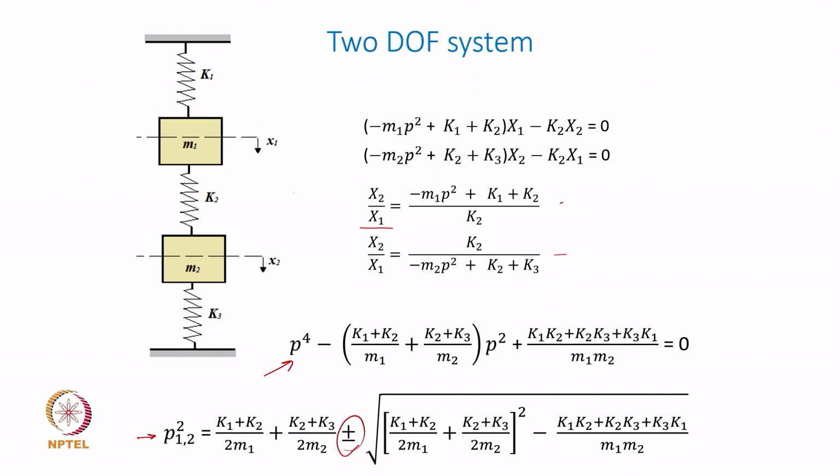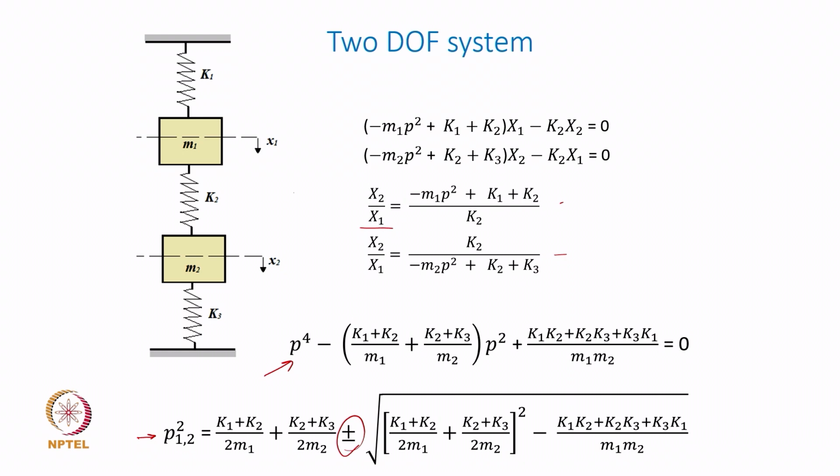The lower one we typically call P1 and the higher one we typically call P2, the higher of the two natural frequencies. These two natural frequencies are such that one will be when the system moves with a frequency of P1 and the other will be when the entire system moves with the frequency P2.